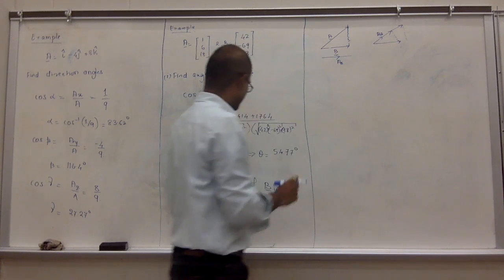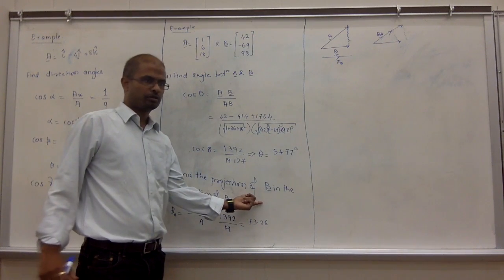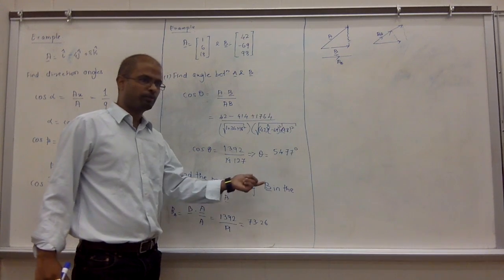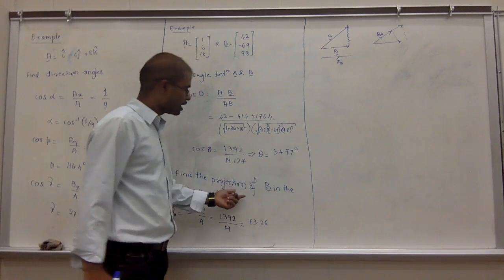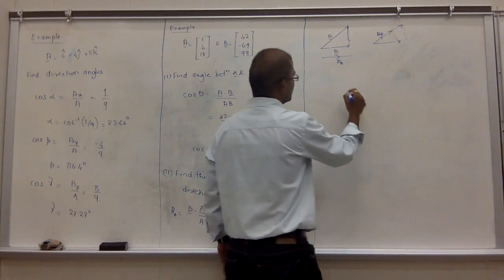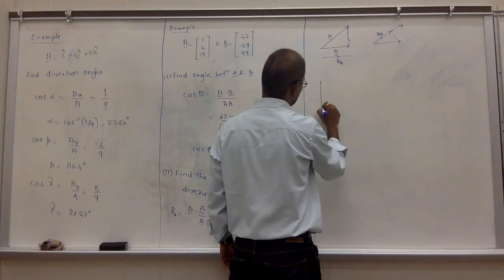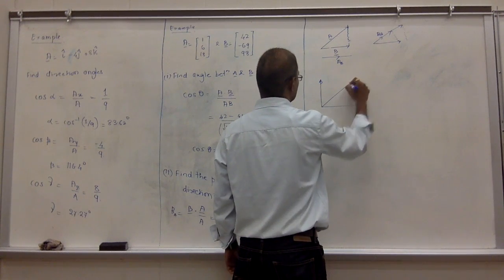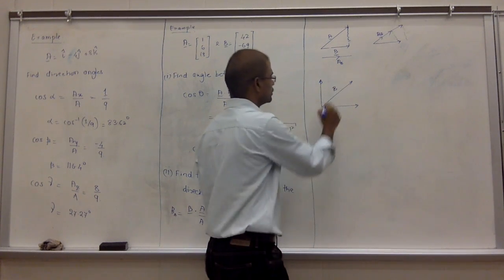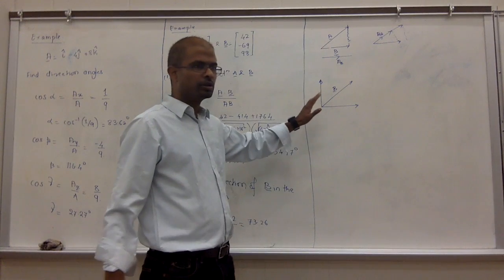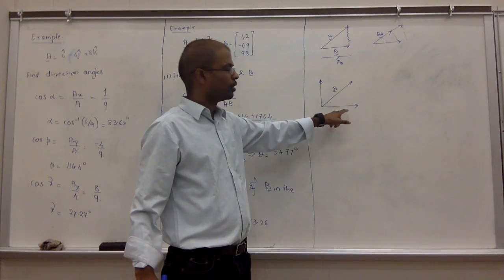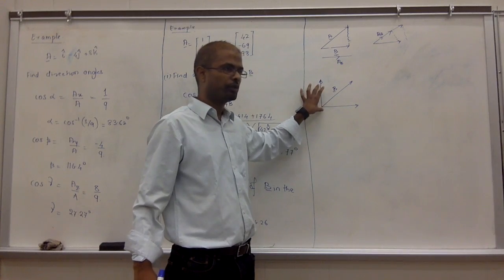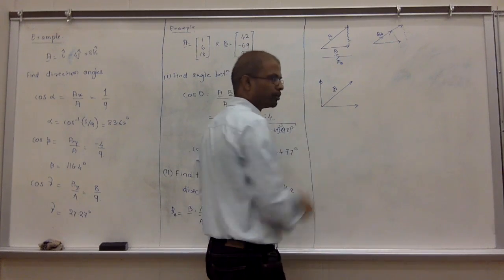If the vector of interest, what is the vector of interest here? It's B. We are looking for the projection of B. Okay? You very well understand this concept, right? The projection of B on, this is the x component of B, this is the y component of B. How do you get the x component?